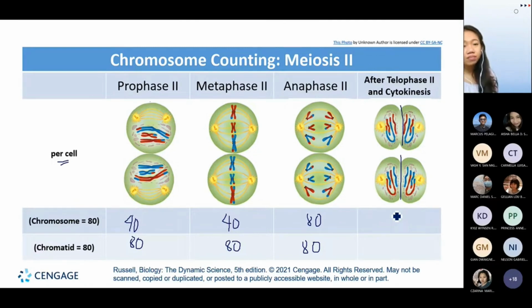Robert, yes? Ma'am, 40 chromosomes and 40 chromatids. Very good. So, 40, 40. So, by the end, if 2n is equal to 80, n will be 40. Okay? Any questions about this?